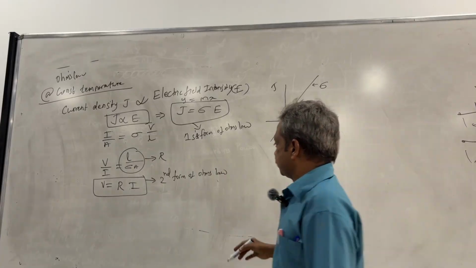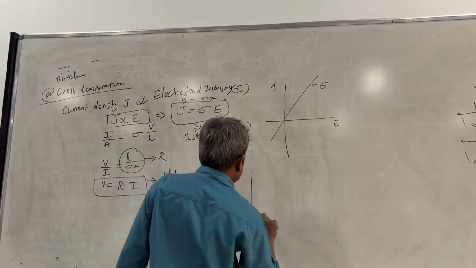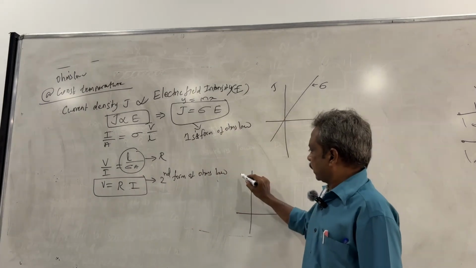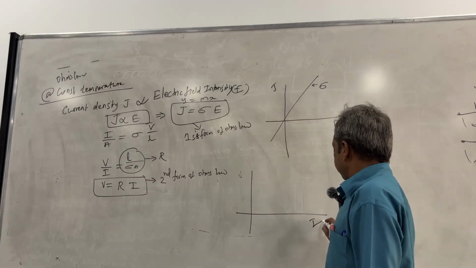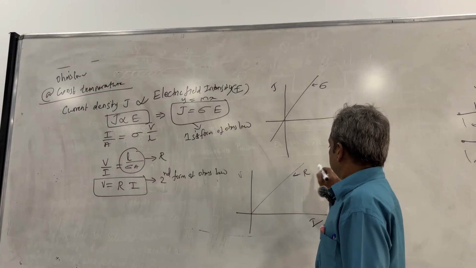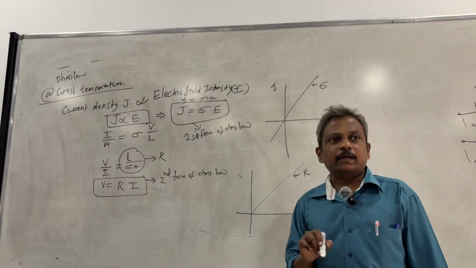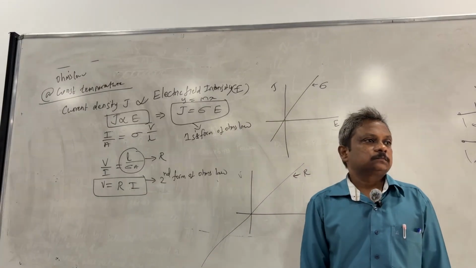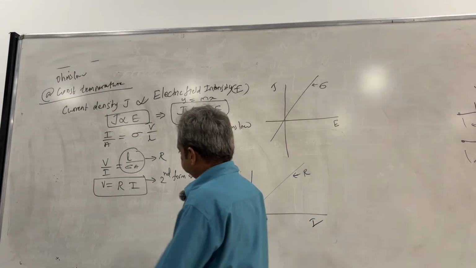You can apply the same to the second form also. Y axis V, x axis I, and resistance is a straight line passing through origin. Okay, this is Ohm's law.